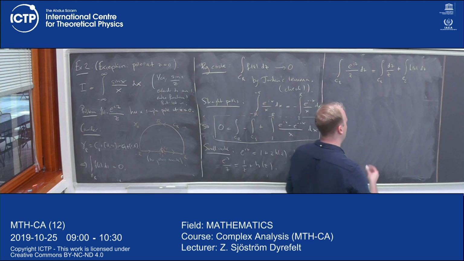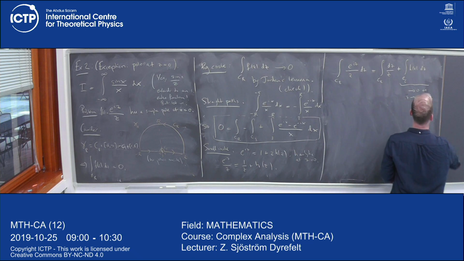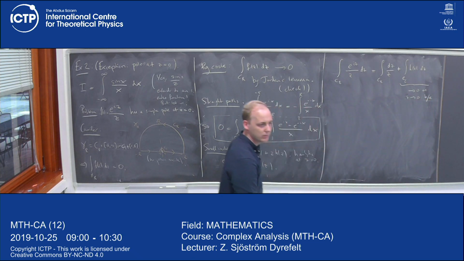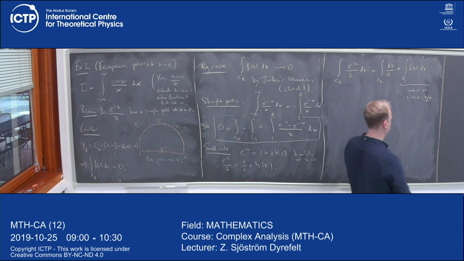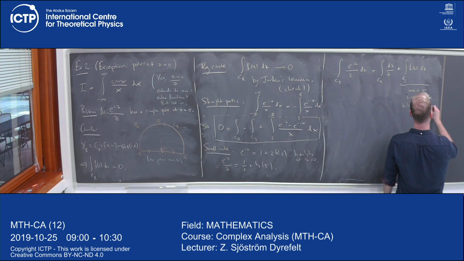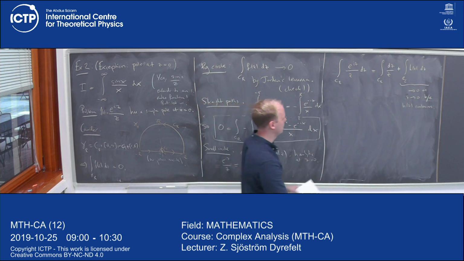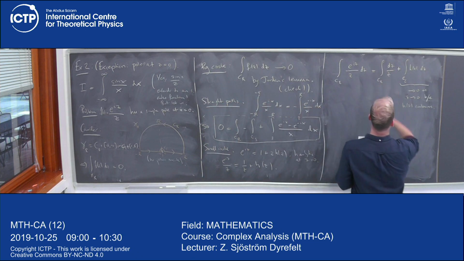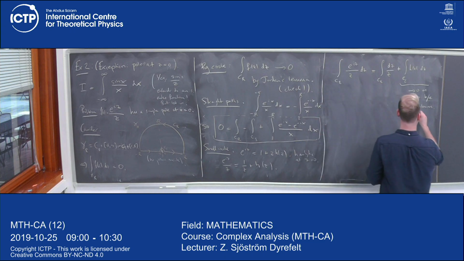And this one goes to 0 as epsilon goes to 0. What is the reason for that? Simply, it's continuous, and continuity is enough, because h(z) is even analytic, so in particular it's continuous in this neighborhood we found.